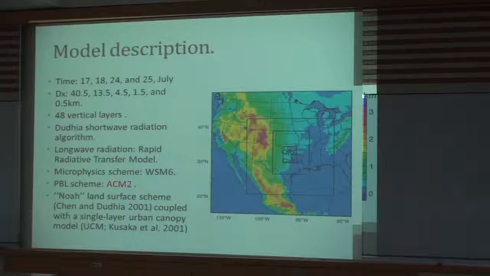For the model description, they are using WRF version 3.4, and they chose four times, called the four episodes. They happened on 17, 18, 24, and 25 July. The grid spacings are 40.5, 13.5, 4.5, 1.5 and 0.5 kilometers with 48 vertical layers.